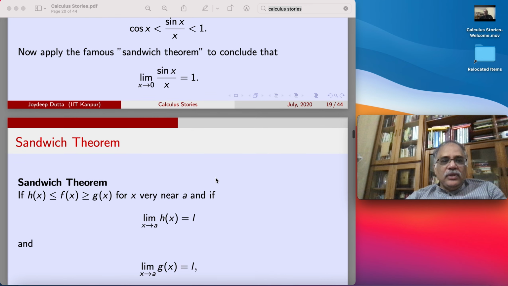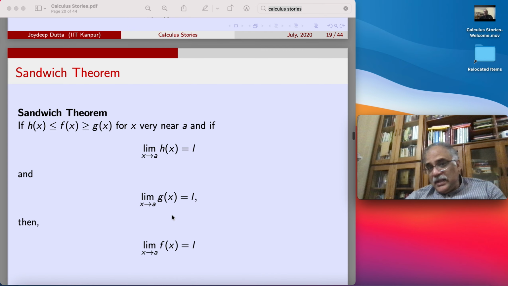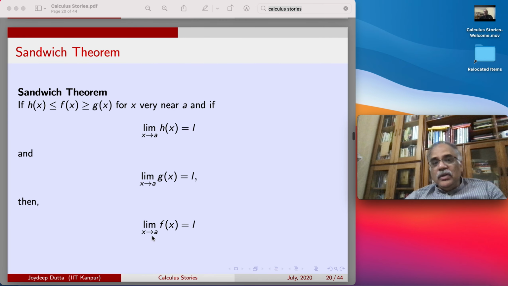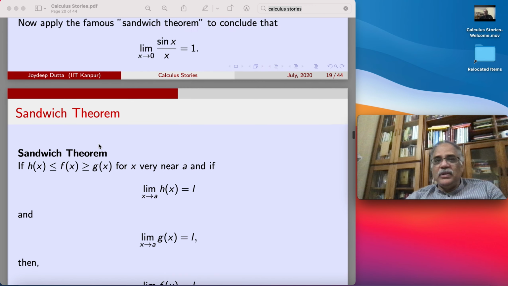The sandwich theorem tells you that if h(x) is less than f(x) and f(x) is less than g(x), not greater than g(x), this is my mistake, then for every x near a, if the limit of h(x) is L and the limit of g(x) as x tends to a is L, then the limit of f(x) as x tends to a is also L. No, this is less than g(x), please understand.